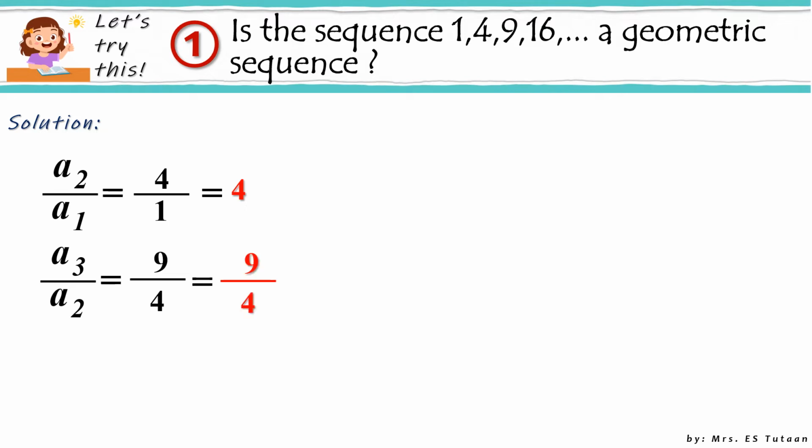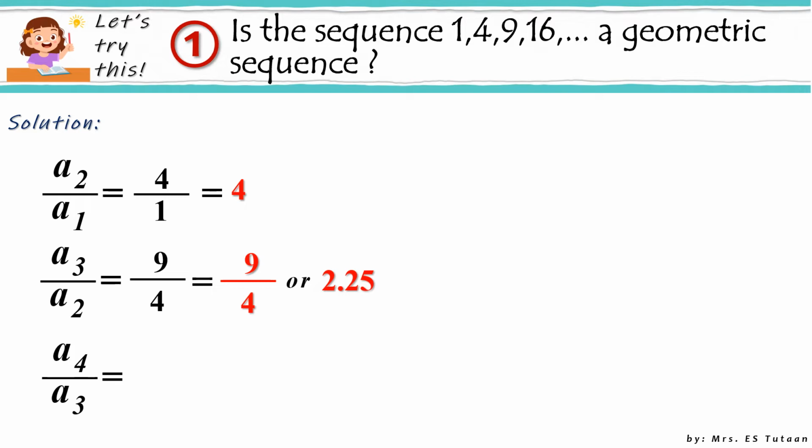So, wala tayo ditong common term or GCF na pwede nating i-cancel. So, ito na yung ating lowest term. So, this is already accepted. So, that is 9 divided by 4 or 9 over 4. Or, pwede rin naman i-convert yan sa decimal number, which is 2.25.